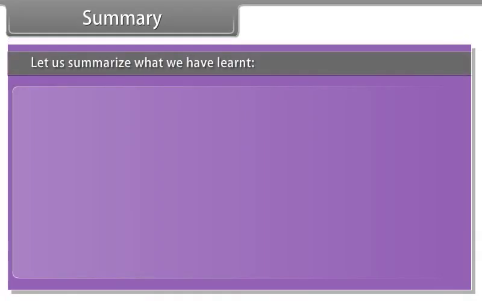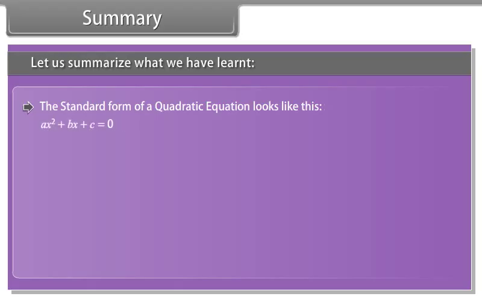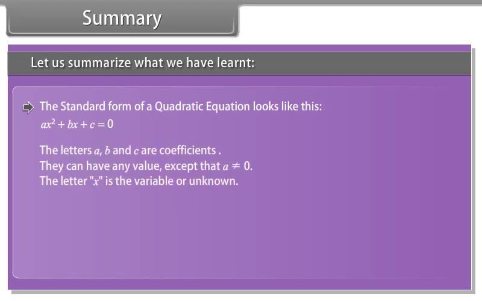Summary. Let us summarize what we have learned. The standard form of a quadratic equation looks like this: ax² + bx + c = 0. The letters a, b and c are coefficients.